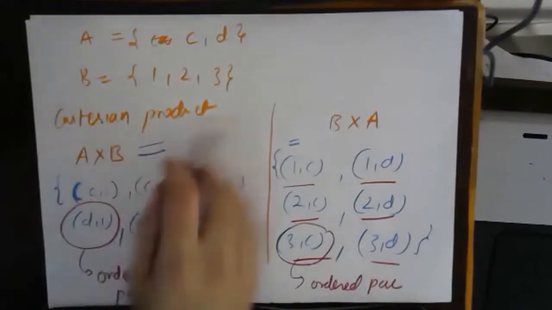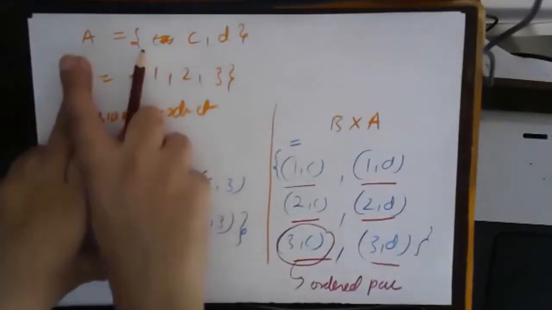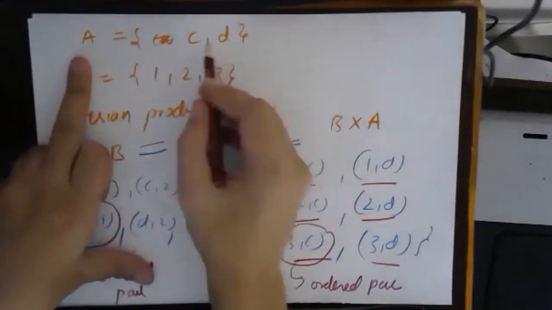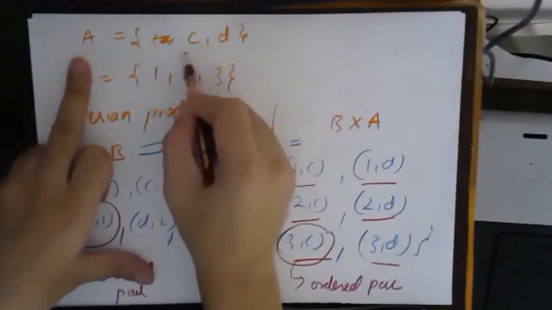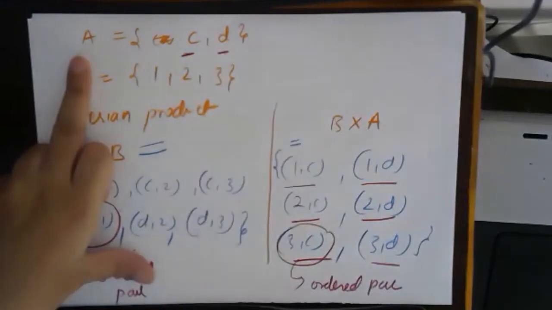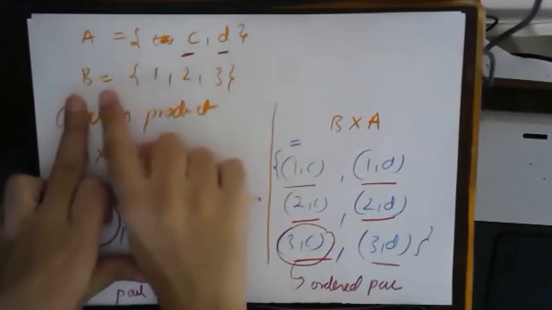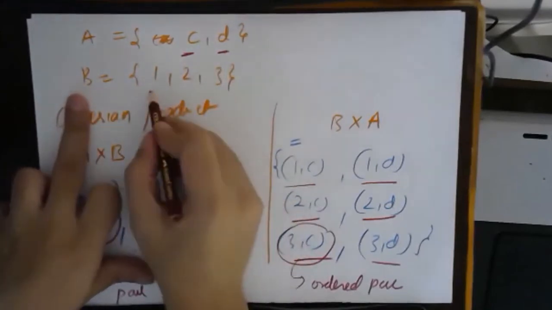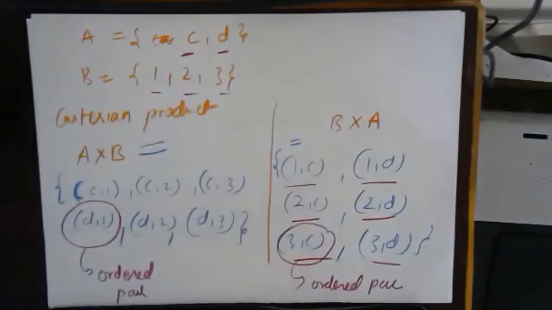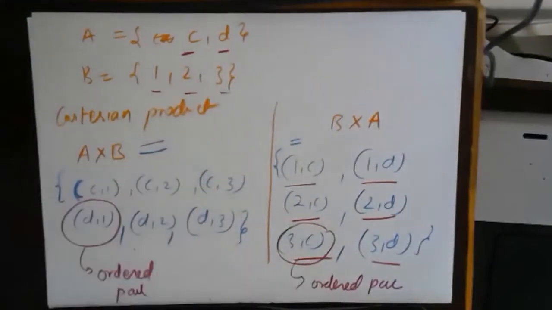Fine. Suppose I am saying set A has which elements? Set A has C and D. Understood? What does set B have? Set B has 1, 2 and 3. What does the Cartesian product A cross B have?